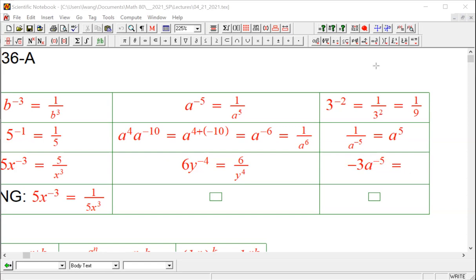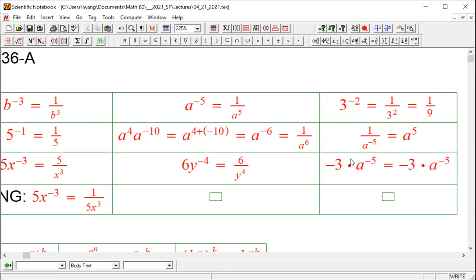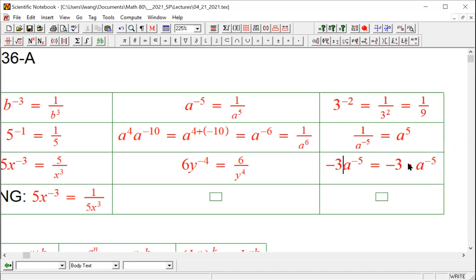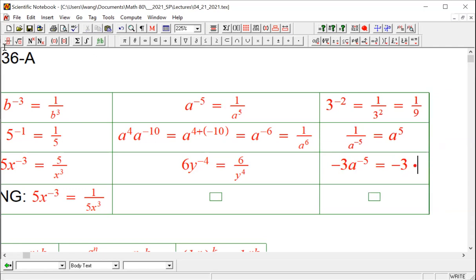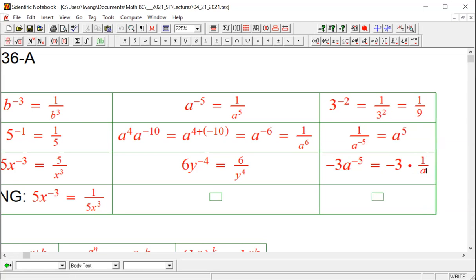So what you do in this case, the power is for the base of A. The base does not include the negative 3. It's separated, so you should view this as separated. And A raised to the power negative 5 is going to turn into what? 1 over A to the power 5.